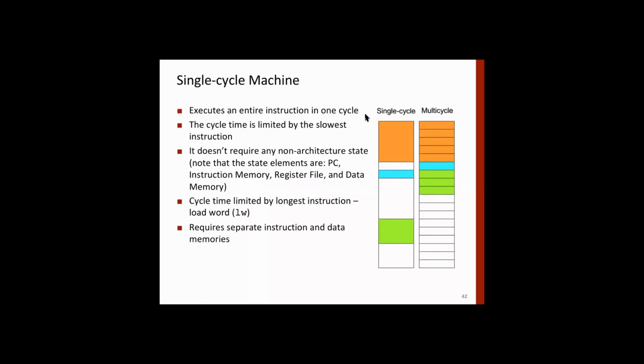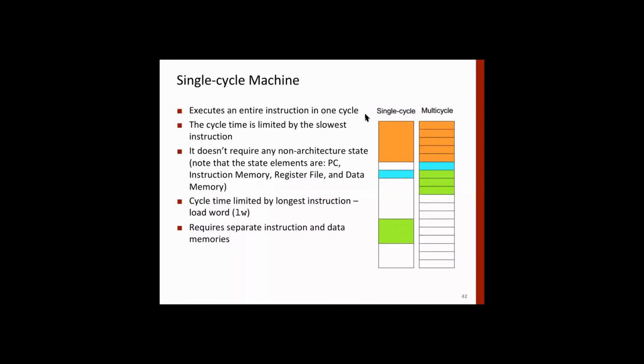So the last part we need to discuss in the next 5 minutes is single cycle versus multi-cycle design. In single cycle, one instruction is executed in a single cycle. The cycle time has to be big enough to accommodate the most complex instruction, which takes maximum time.